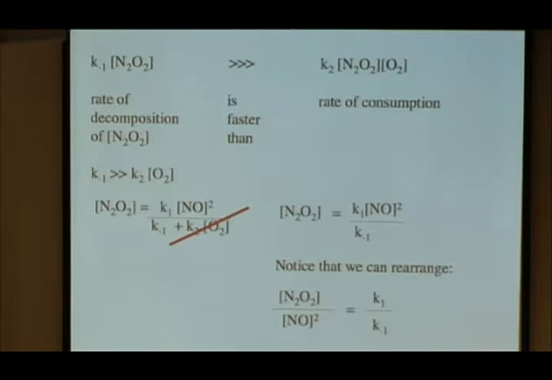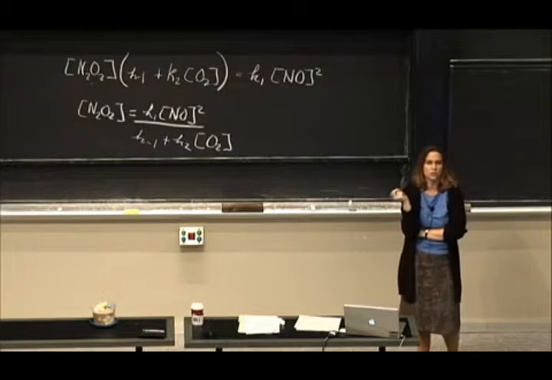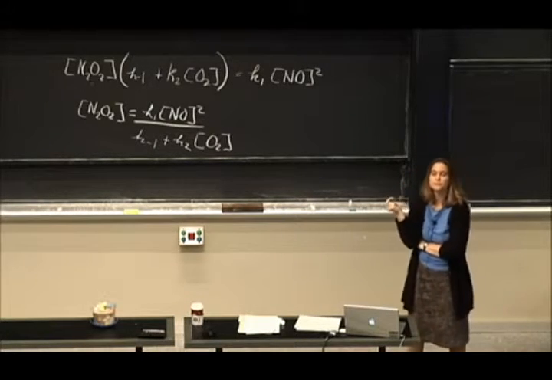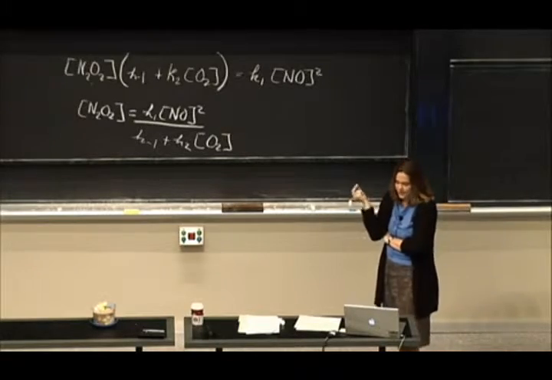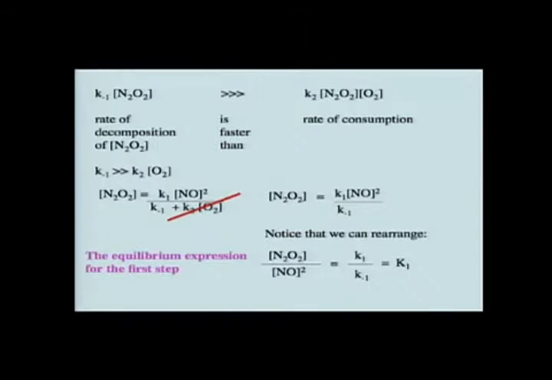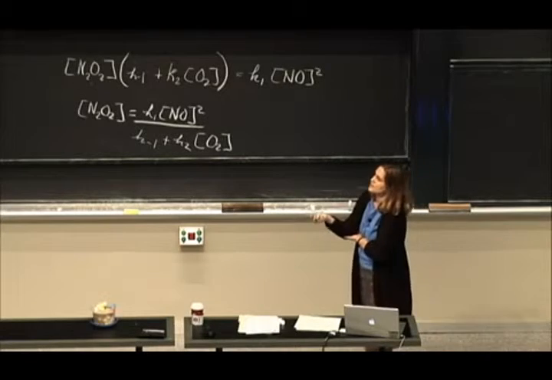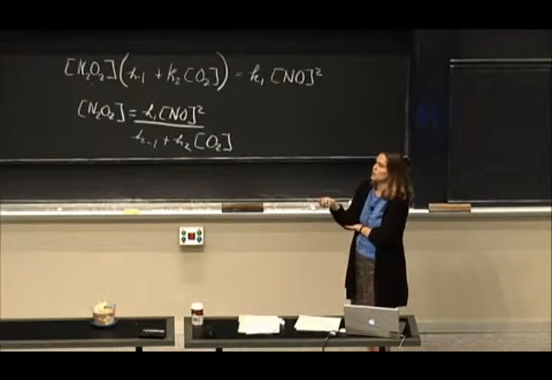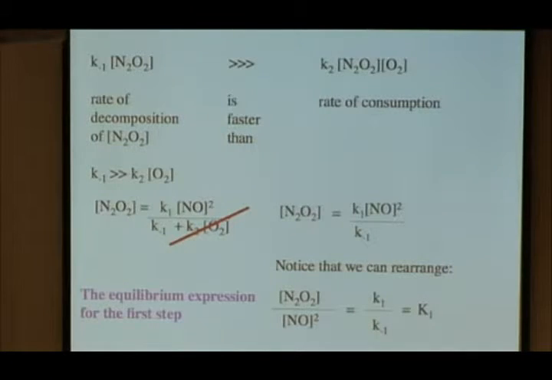over k minus 1. What is little rate constant k1 over rate constant k minus 1? Big K, right. So that's another way of saying the equilibrium expression. The equilibrium constant for the first step is equal to k1 over k minus 1.